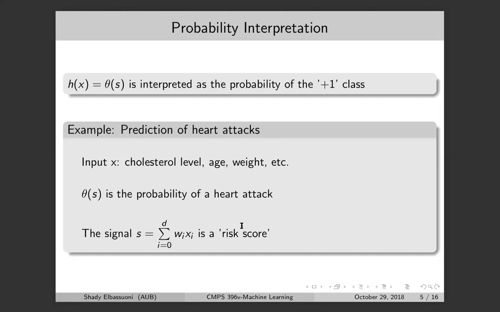If it's very positive, the probability of a heart attack would be very high, close to 1. If it's very negative, then the probability of a heart attack is very small, close to 0. Because remember, theta of S squashes the values between 0 and 1. Very negative values go to 0, very positive values go to 1. Questions so far?